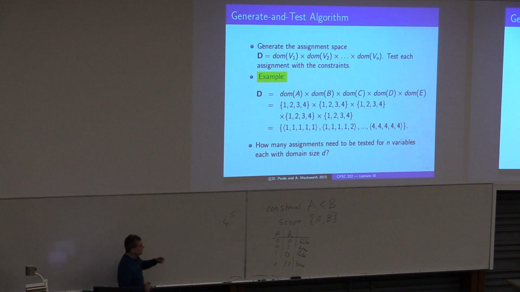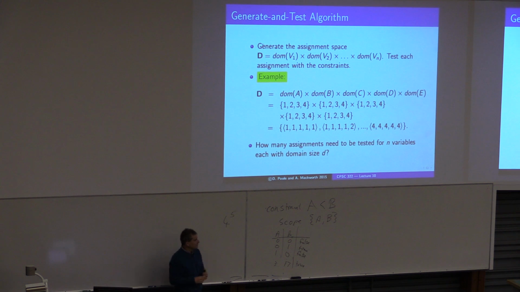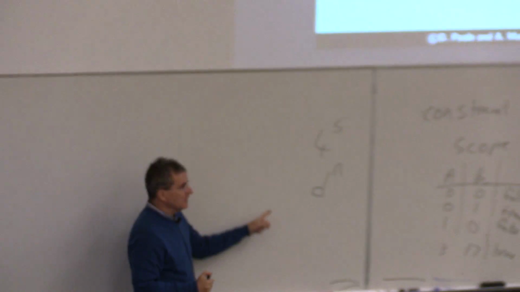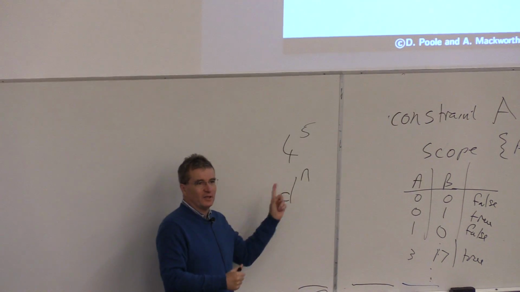How many assignments need to be tested for n variables, each with domain size d? It's d to the n. Don't try and remember this, just work it out every time.